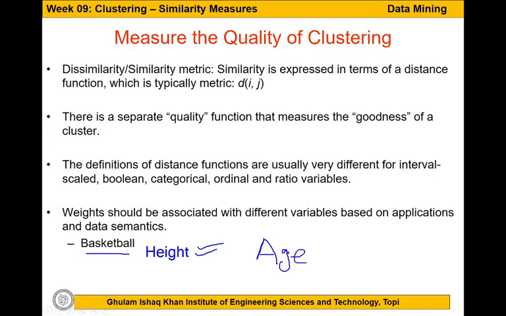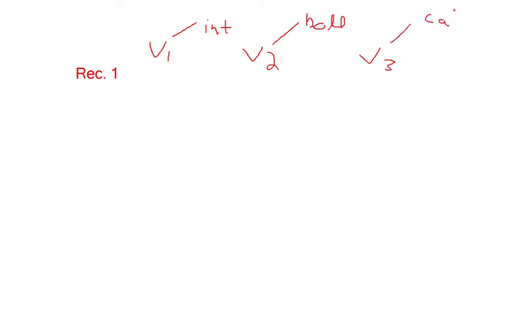But what I want to emphasize is that for a record, we can have a variable 1 which is of type int, a variable 2 which is of type bool, and a variable 3 which is categorical.